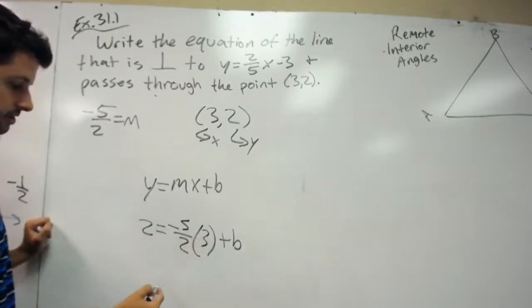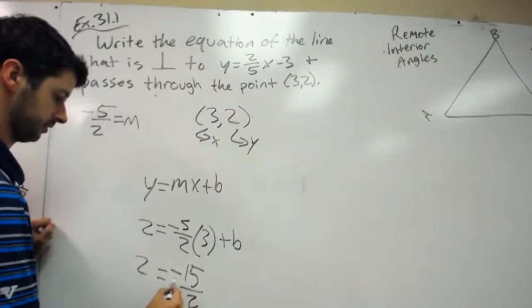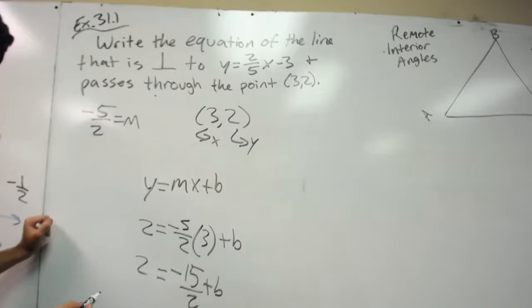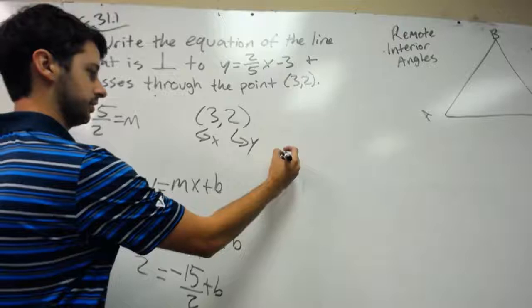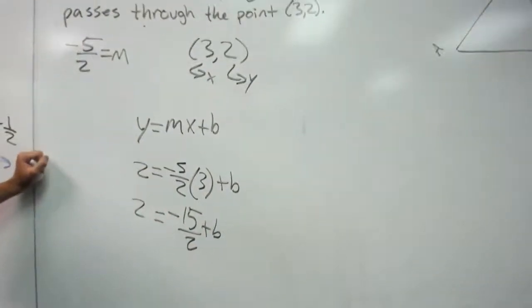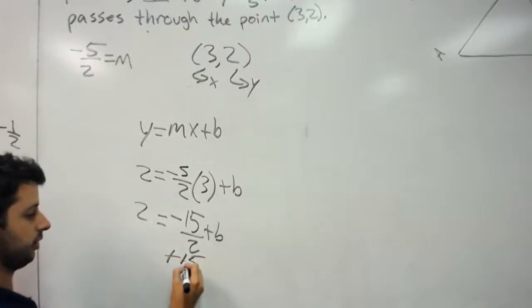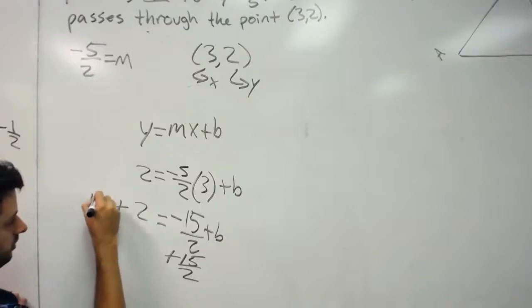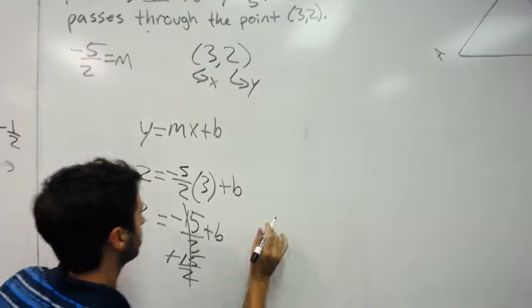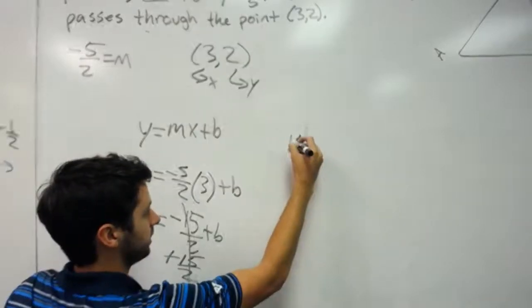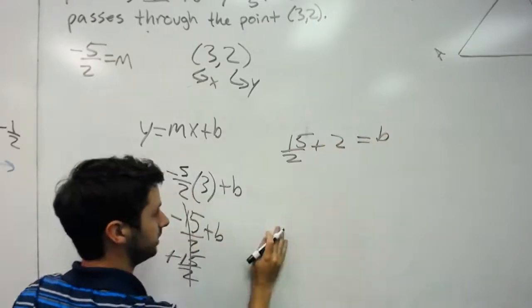3 times -5/2 is -15/2. Add the 15/2. So those cross out. And now we are left with 15/2 plus 2 equals b.